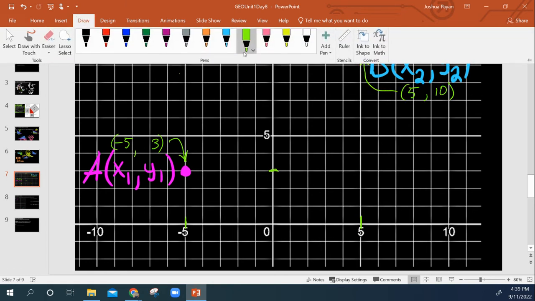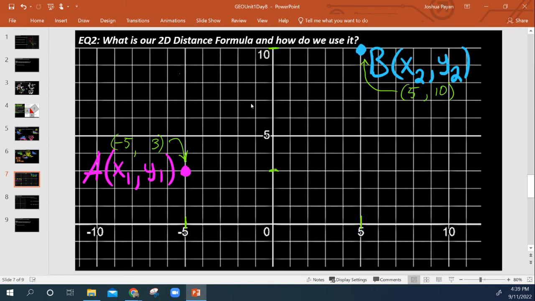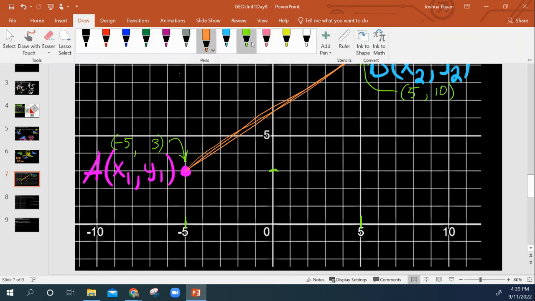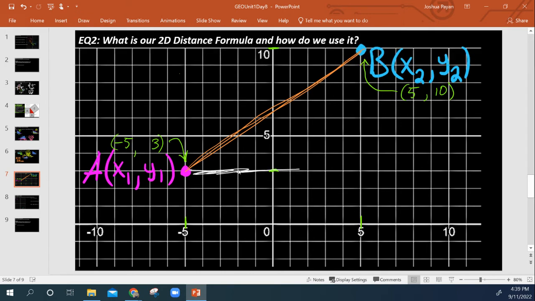And if we just kind of connect the dots here, try to draw something that's somewhat of a straight line, you'll start to notice a very familiar shape is taking form, right? So we see that we have, holy moly, a right triangle.